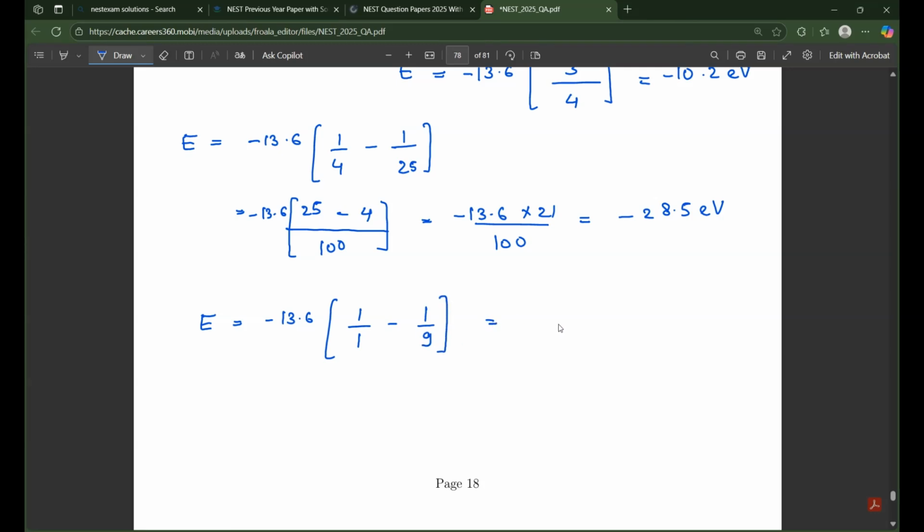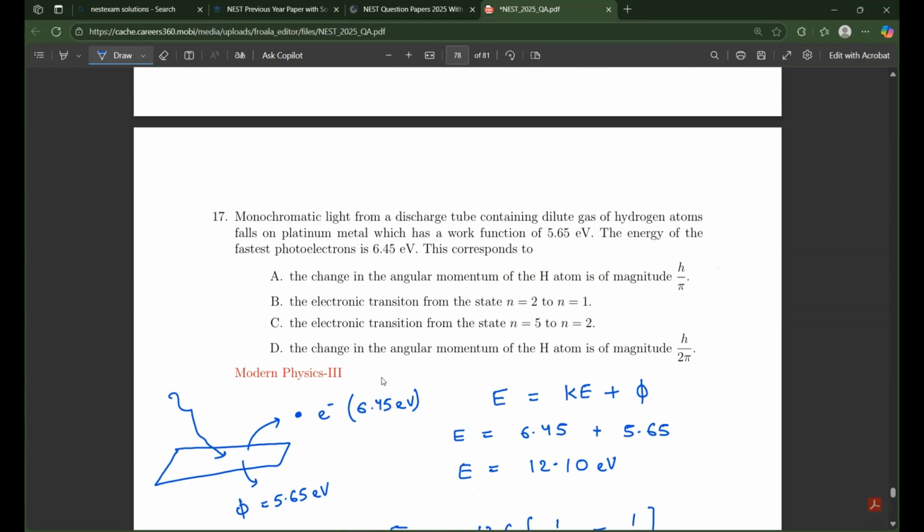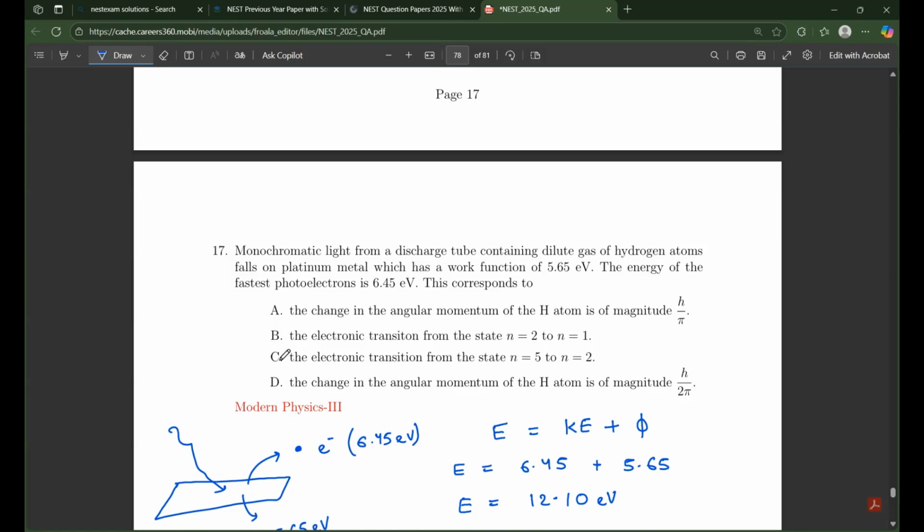So on solving this we get minus 13.6 into 1 minus 1 by 9, that is 8 by 9, and on solving this we get the energy as 12.1 electron volt exactly. So now we know for which transition it is emitting this much energy. That means options 2 and 3 are rejected.